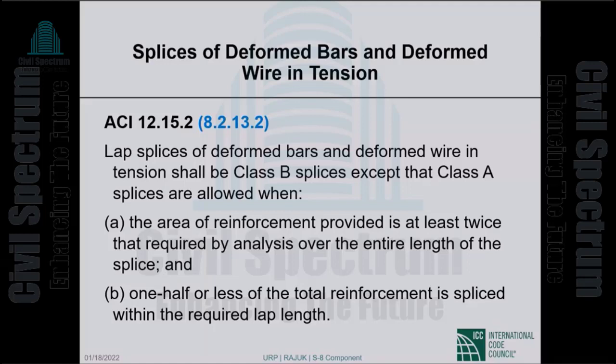The area of reinforcement provided is at least twice that required by analysis over the entire length of the splice.